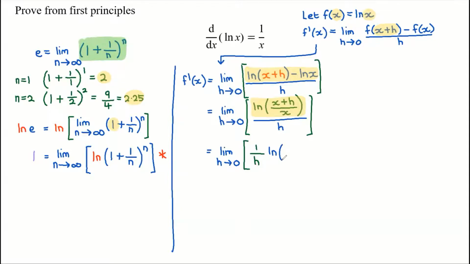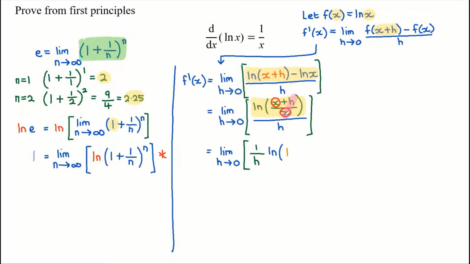Now, you'll notice as well, inside the bracket, we've got x divided by x. Okay, so I can actually rewrite that as 1 because it's x over itself, so that simplifies to 1. But in the second term in the numerator, I'm going to have h over x, as you can see there.